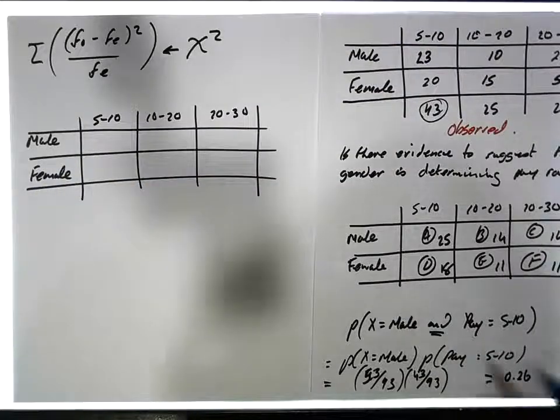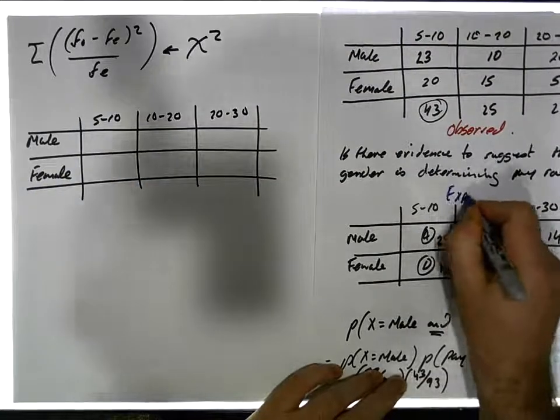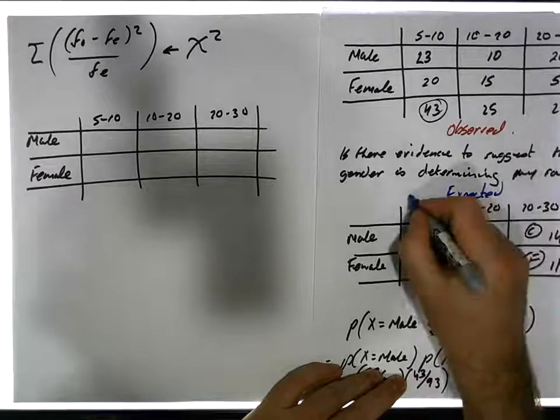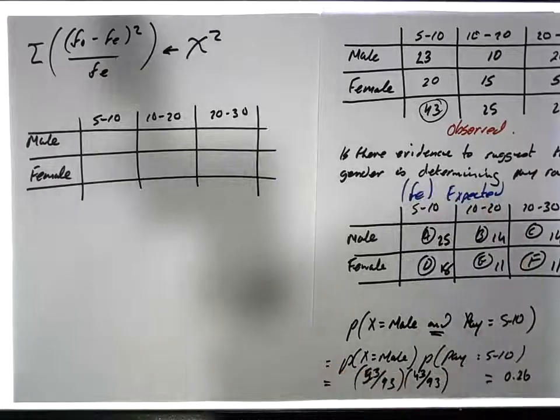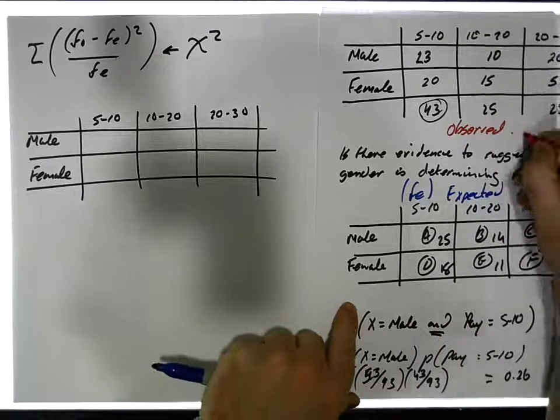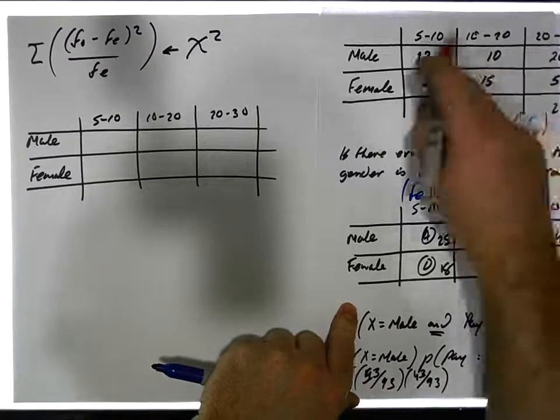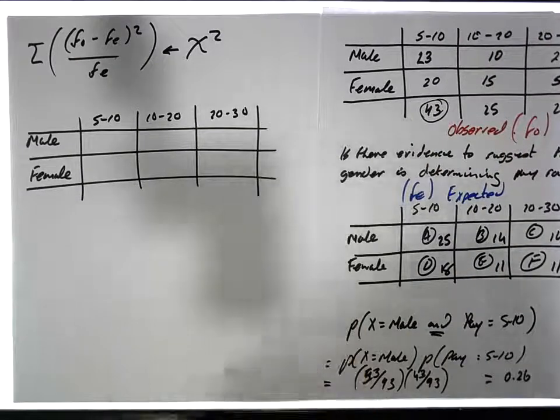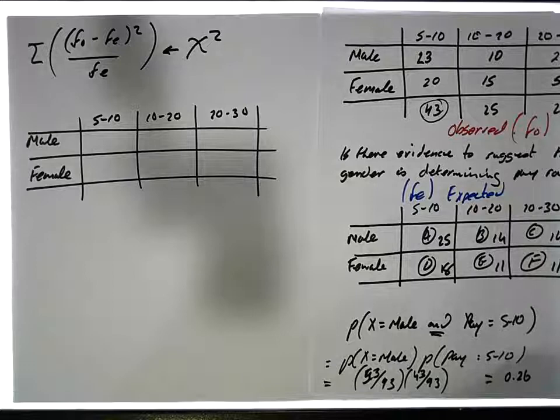These are now our expected frequencies, our FEs, whereas these guys up here are our FOs in this table, and these are our FEs.